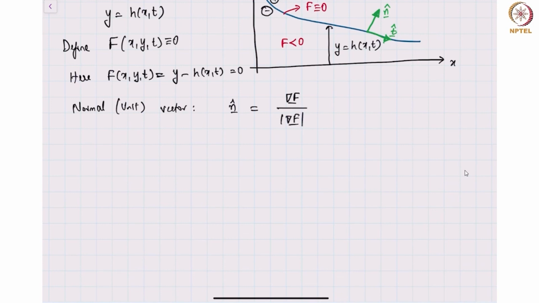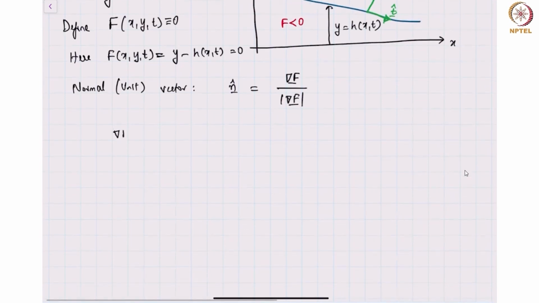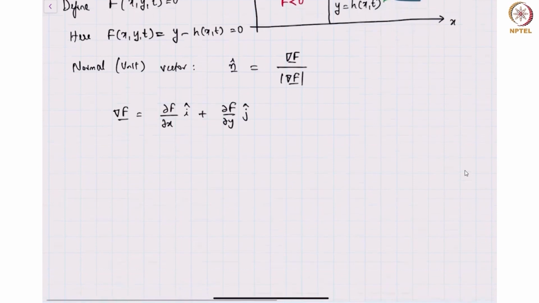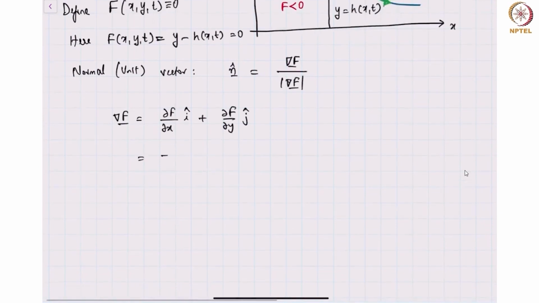Okay, so that's basically my normal vector, and I can easily calculate the gradient of F. Gradient of F is del F by del x i hat plus del F by del y j hat, where i and j are the unit vectors in the x and y directions. Del F by del x can easily be determined, that is minus partial h by partial x.